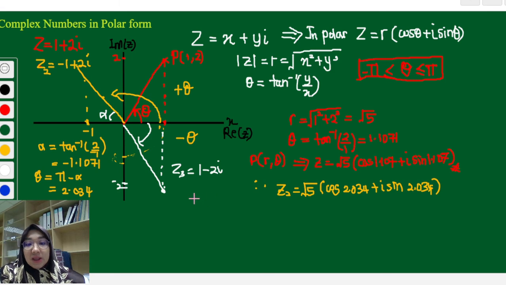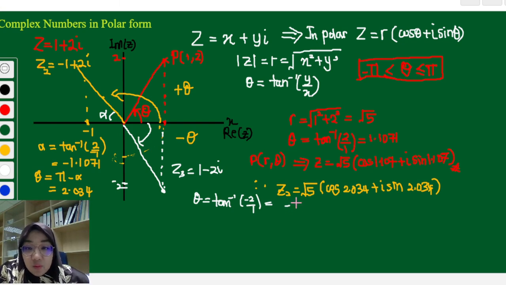So you carilah theta is equal to inverse tangent negative 2 over 1. So you dapat theta dia adalah negative 1.1071. So once you dah ada theta, teruslah masuk dalam polar form.